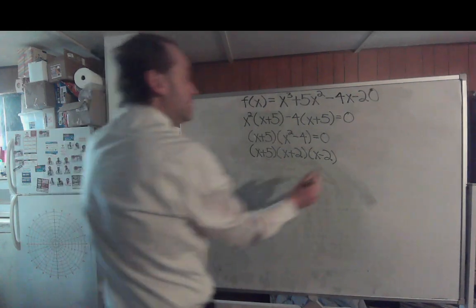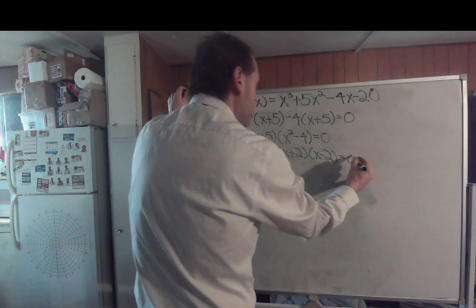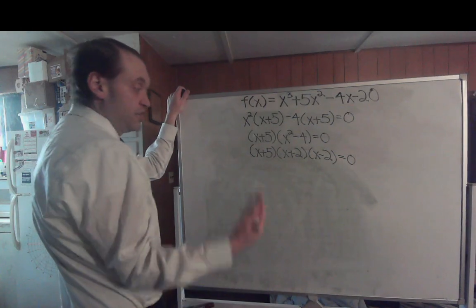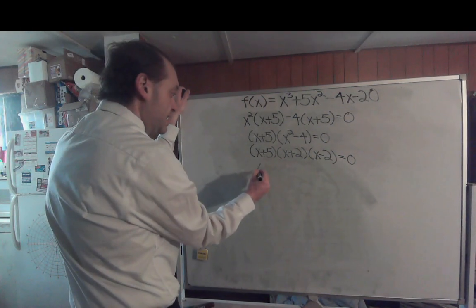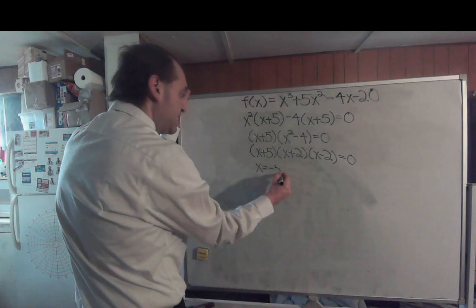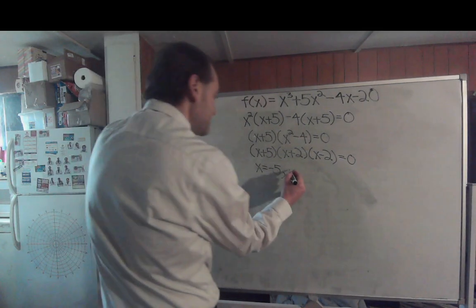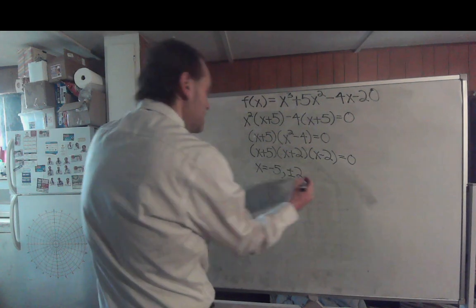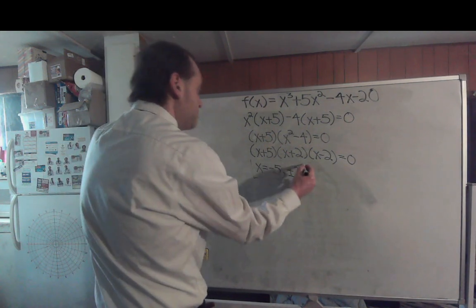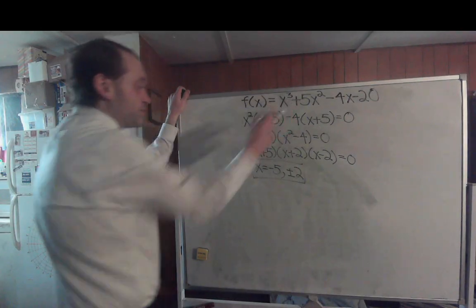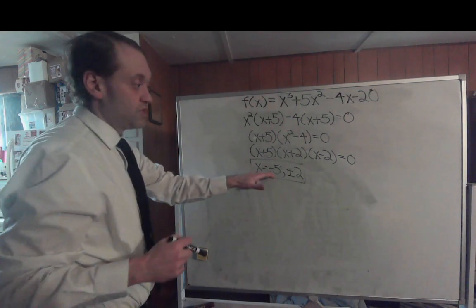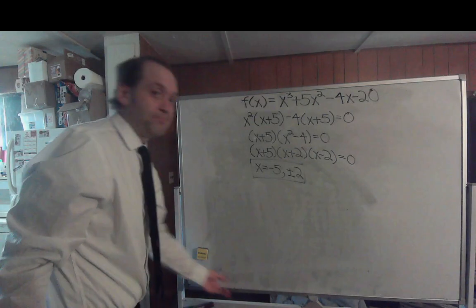So we have three linear factors now. All that equal to 0. So that each of your factors equal to 0, you would get x equals negative 5, and then both plus and minus 2. And it turns out all three complex solutions, because the degree is 3, were in the real number system.